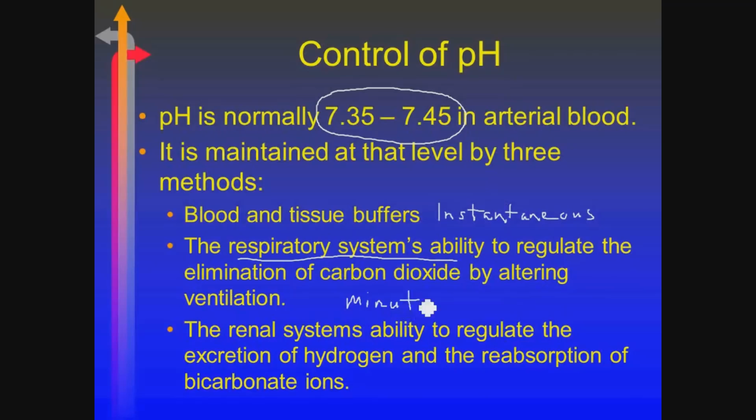And finally, we can have the kidneys regulate the amount of hydrogen ions or bicarbonate ions, but that takes days. So instantaneously, we have buffers within the bloodstream and the tissues that neutralize the excess amount or shortage of hydrogen ions. We have the respiratory system compensating, and we have the renal system compensating.